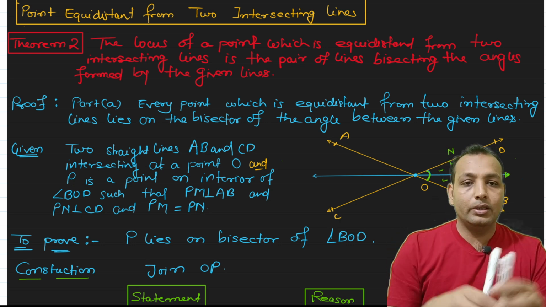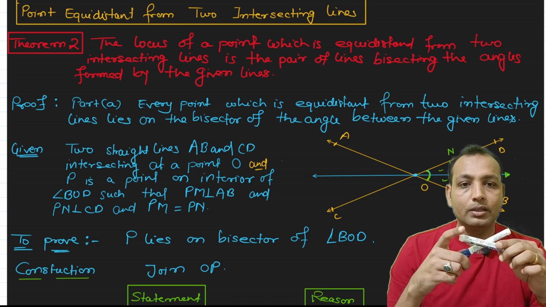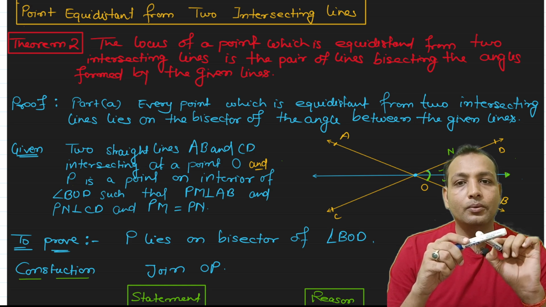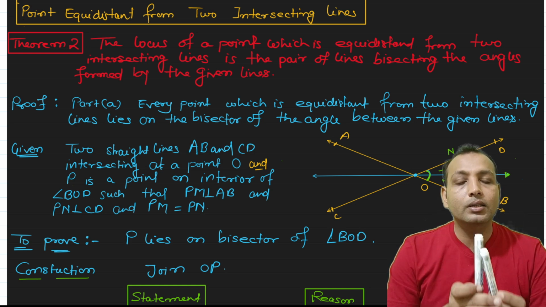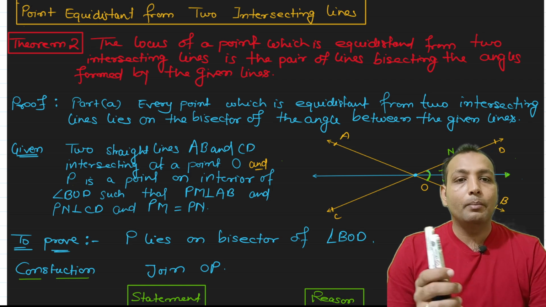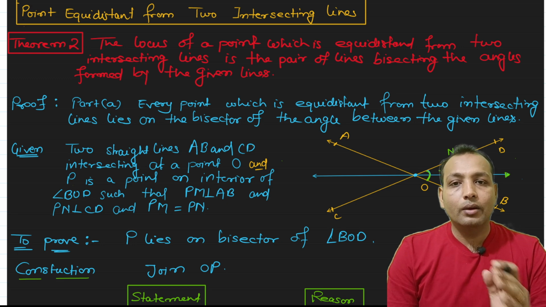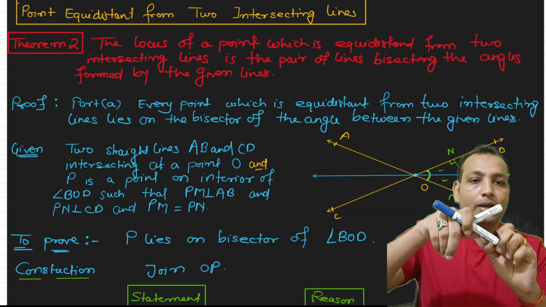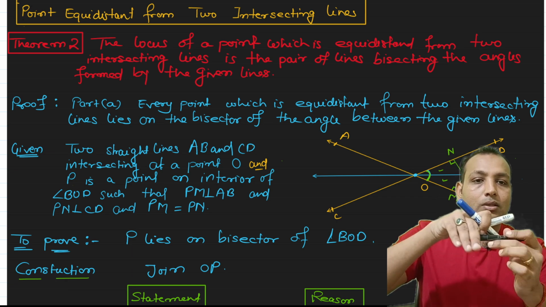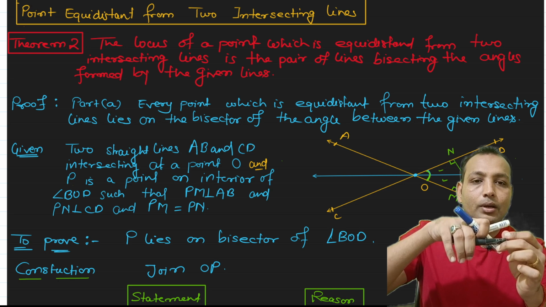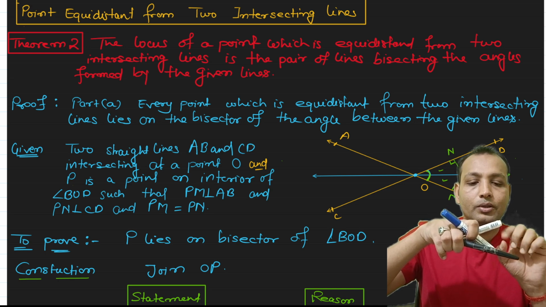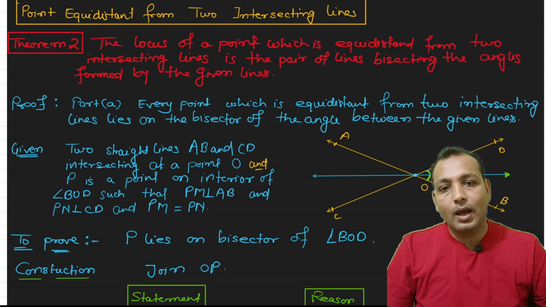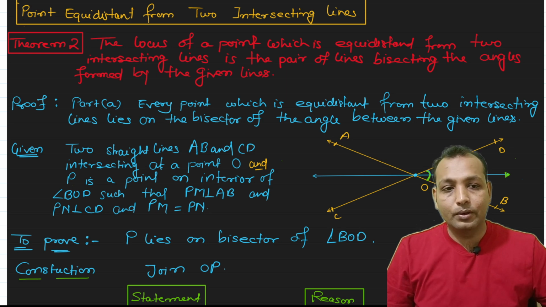The locus of a point which is equidistant from two intersecting lines is the pair of lines bisecting the angles formed by the given lines. These two lines are forming an angle, and this is the locus. Both are equidistant from these lines, so this will be the bisector of this angle. This is what we need to prove.